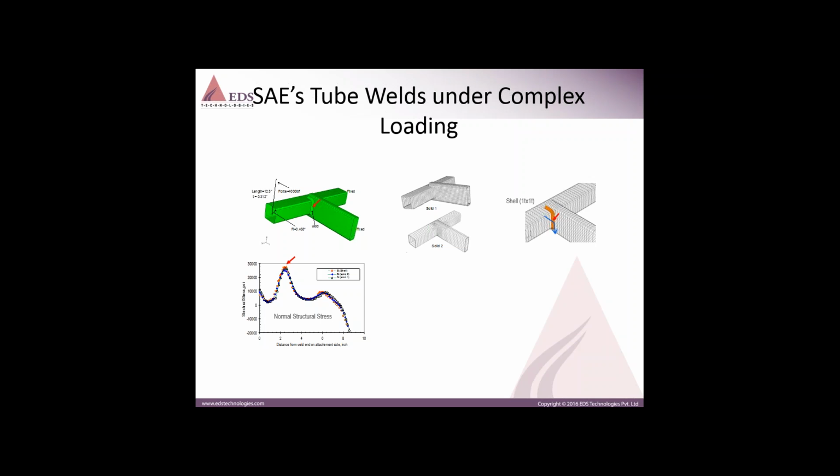The impressive feature here is the structural stress, as it varies over the distance from the weld and attachment site. The highest structural stress is identified at the correct location on all three models, as you can see. Again, it doesn't matter what kind of element or what kind of refinement we are using when it comes to meshing. And one more interesting thing here is that the actual failure location is also exactly where fesafe VERITY predicted it.